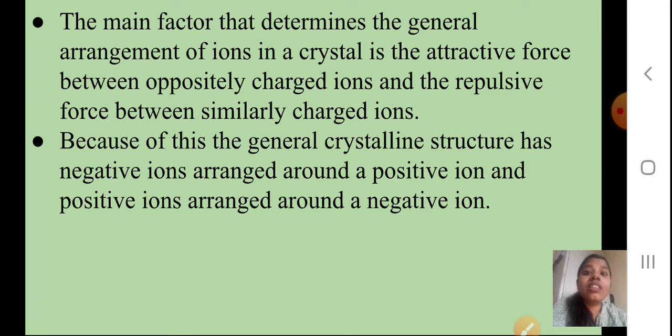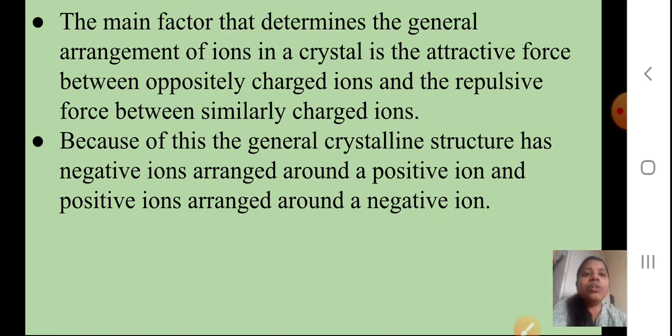Because of this, the crystal structure has negative ions arranged around a positive ion and positive ions arranged around a negative ion. Then only there will be the force of attraction leading to a crystalline structure.